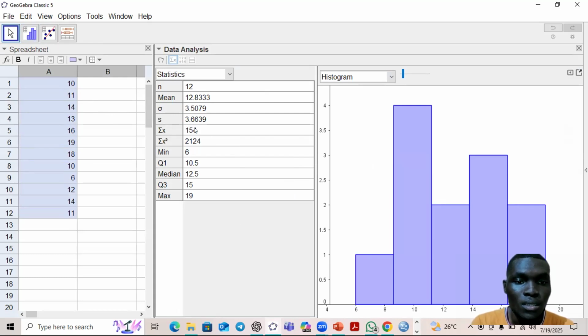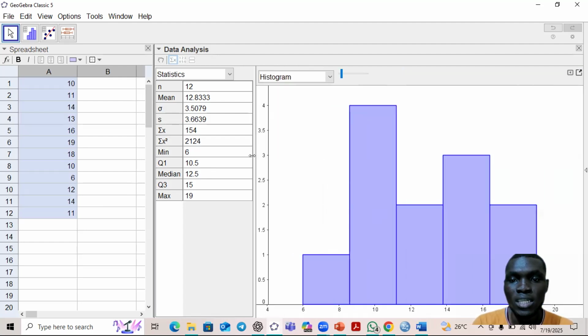In this case, you can find the minimum, our first quartile, our median, our third quartile, and our maximum value. You can see our minimum value is 6, our maximum value is 19. Our median is 12.5, our first quartile is 10.5, and our third quartile is 15. Good. Now this is a graphical representation of the data set using a histogram.